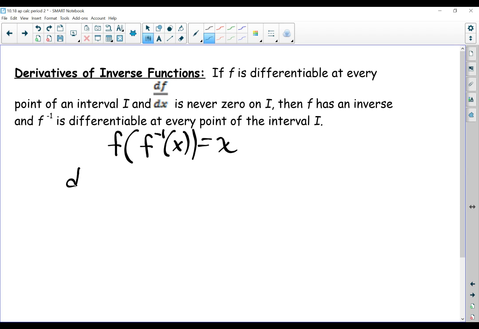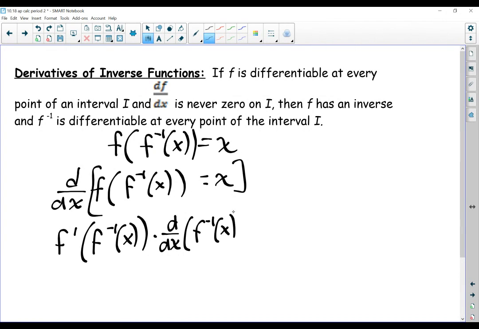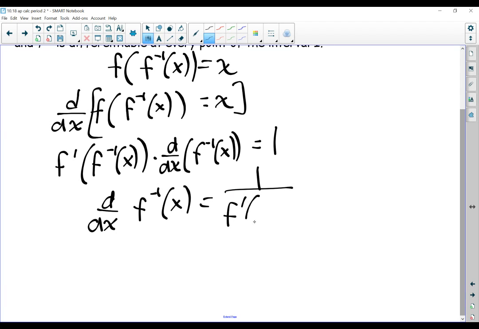If I find the derivative of this, I would get the derivative of the outside, keep the inside the same, times the derivative of the inside, which is what I'm trying to show, has to equal 1. Their slopes are reciprocals if their product is 1, so the derivative of the inverse function of x is just 1 over f prime of f inverse of x.